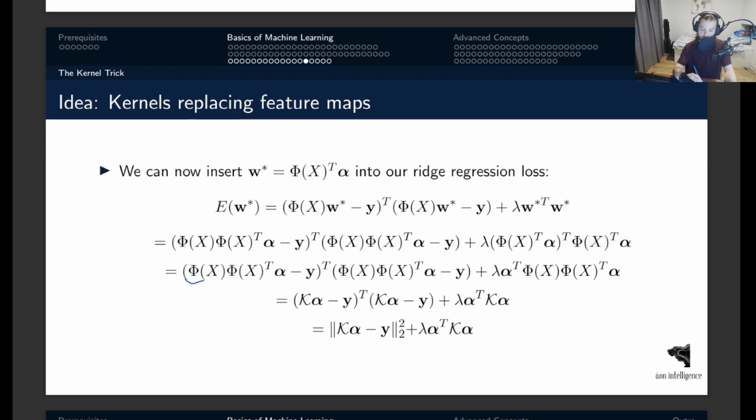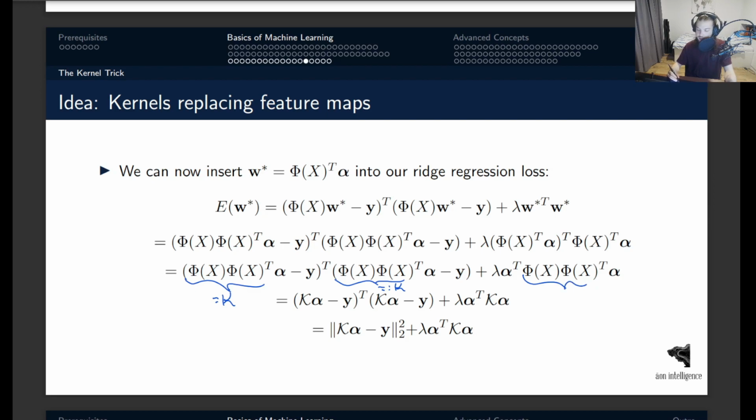For this next line, we just observe that this is equal to K, as well as this. And here we just apply the transpose to the individual factors of our product. We then arrive at lambda times alpha transpose times phi x, and then we multiply phi x transpose alpha to this.